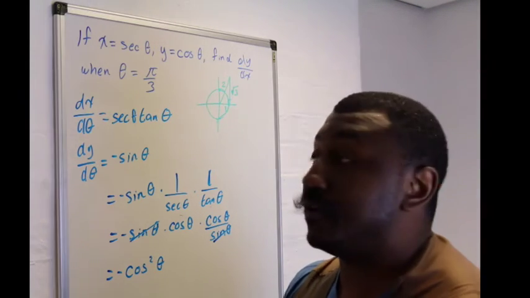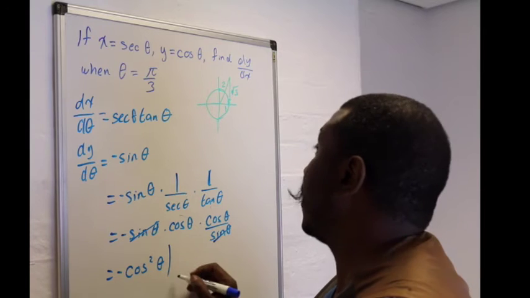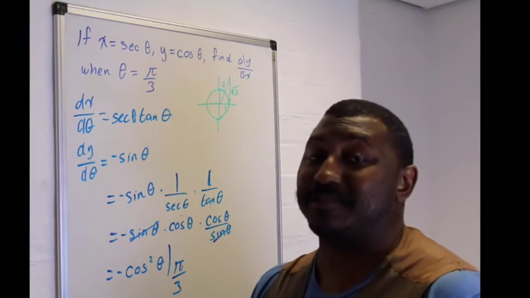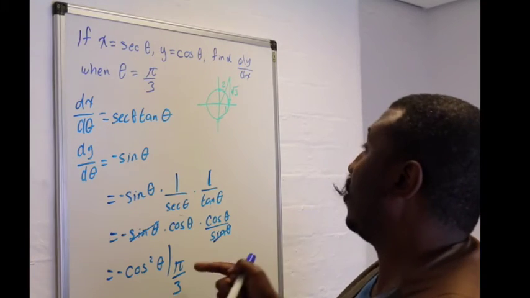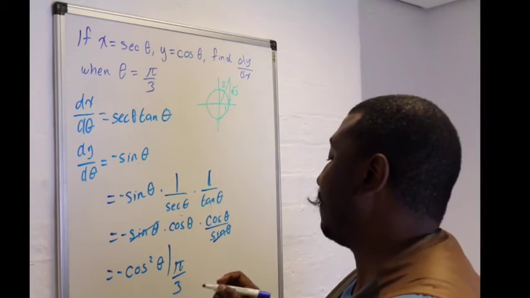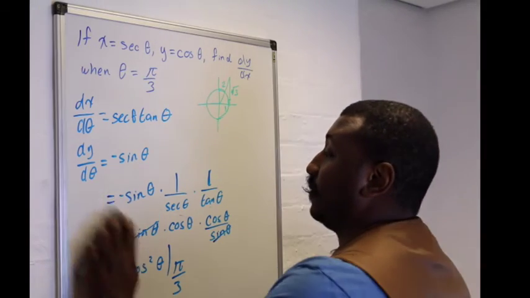Now the last thing I want to do is evaluate where it's required. And I know it's required because I want to find the value when theta is pi over 3. So if I do a quick check, cos of pi over 3 is going to be 1/2. So I need to plug this in.